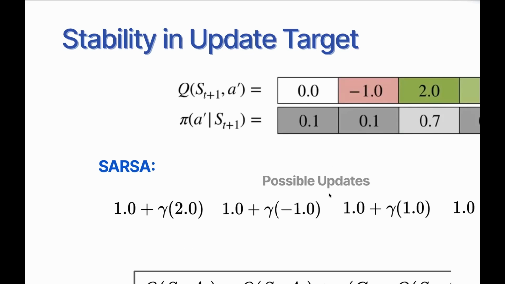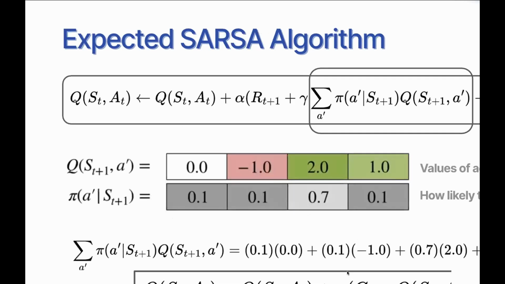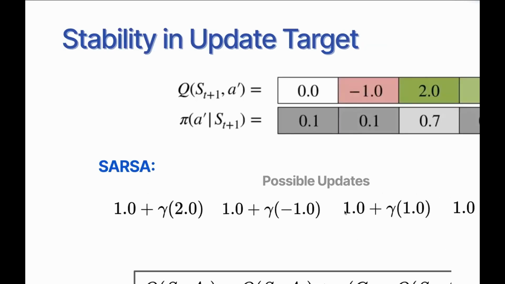If you average out these updates, you'll get around 1.0 plus gamma times 1.4. But for expected SARSA, you directly calculate this expectation. Recall, let me go back up, you already weighted each Q value by the policy. So instead of randomly sampling many times to get an expected update of 1.4, you can directly calculate this update. Does this make sense to everyone? Why the difference between SARSA and expected SARSA?